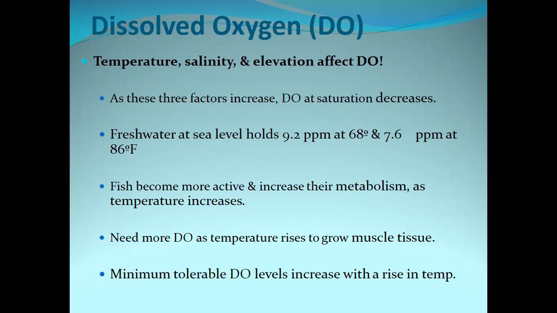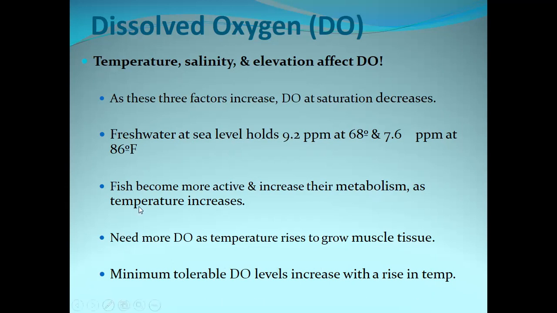So these three factors affect dissolved oxygen. Fresh water at sea level holds about 9.2 parts per million at 68 degrees, and 7.6 ppm at 86 degrees Fahrenheit.